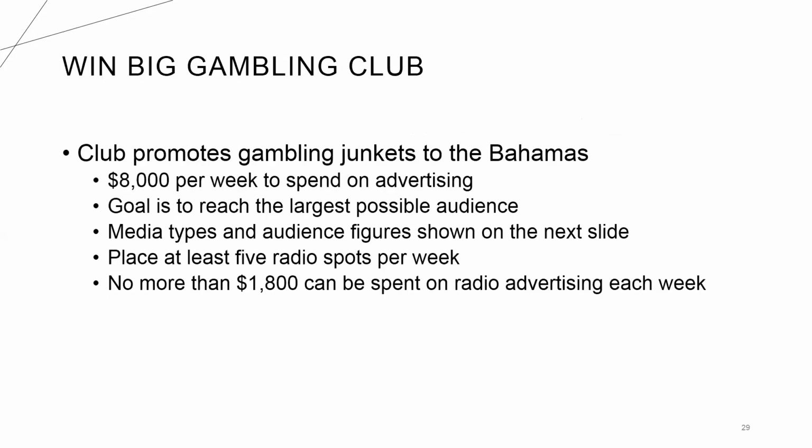Right, so in this example, it says we have this club, we're promoting trips to the Bahamas for gambling. We have $8,000 per week to spend on advertising, right? So we have a budget. And we want to maximize our possible audience.